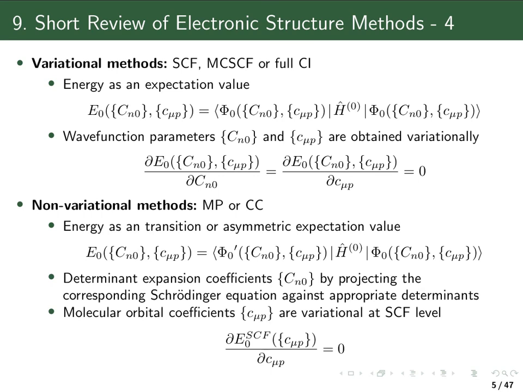And in particular, it's not an arbitrary determinant, but it's the determinant whose coefficient we want to determine. So we insert this wave function in the Schrödinger equation and then project the whole Schrödinger equation against the determinant whose coefficient we want to determine.